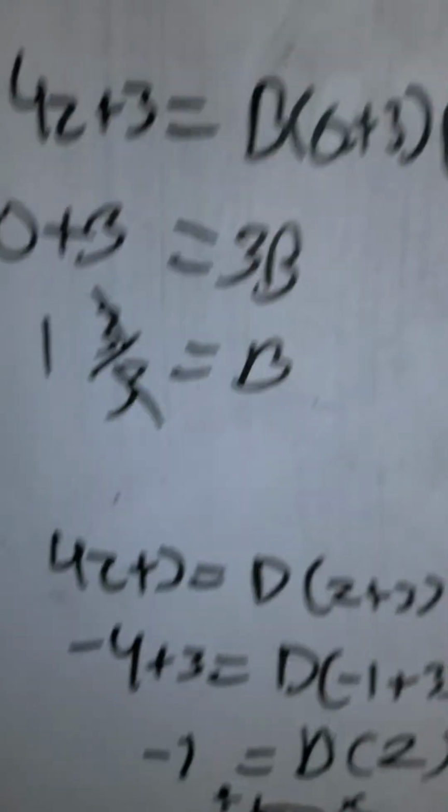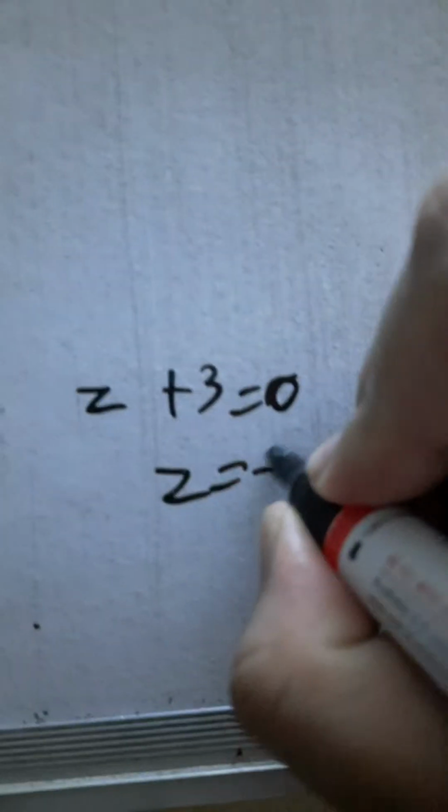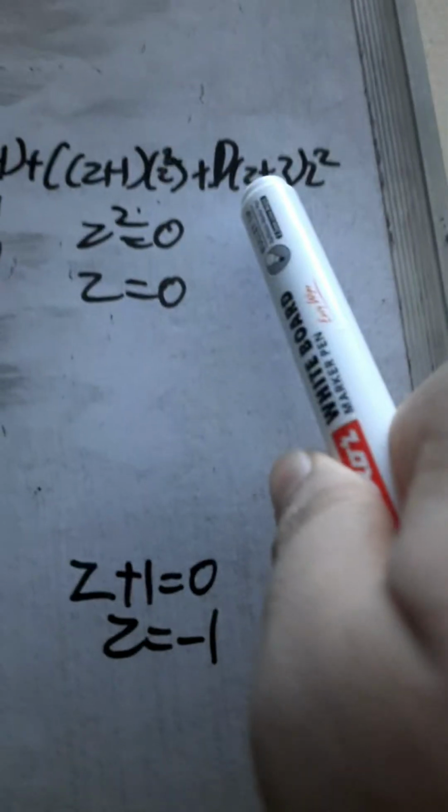Now, wait a second. Let's take z plus 3, which is the only one remaining. Let's take z plus 3 equal to 0, z is equal to minus 3. Then z plus 3 is here, so we took the opposite, right?